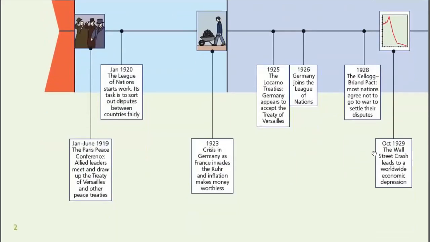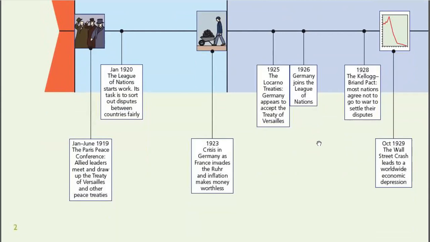In October 1929, the Wall Street Crash led to a worldwide economic depression. It changed the economy over the world.